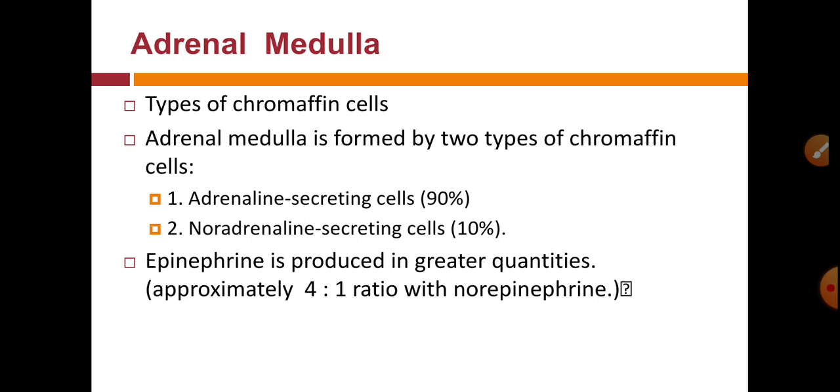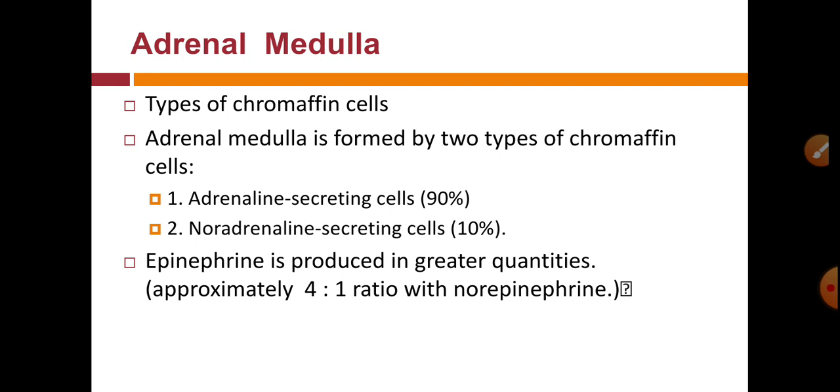That means 4:1 is the ratio of adrenaline to noradrenaline, because epinephrine or adrenaline secreting cells are 90%, so adrenaline or epinephrine is secreted in greater quantity, and the ratio is 4:1.